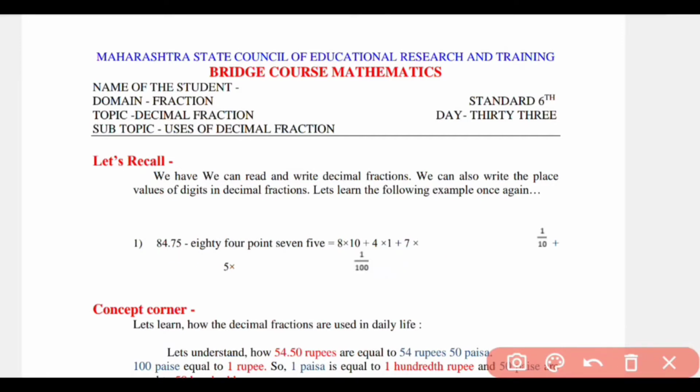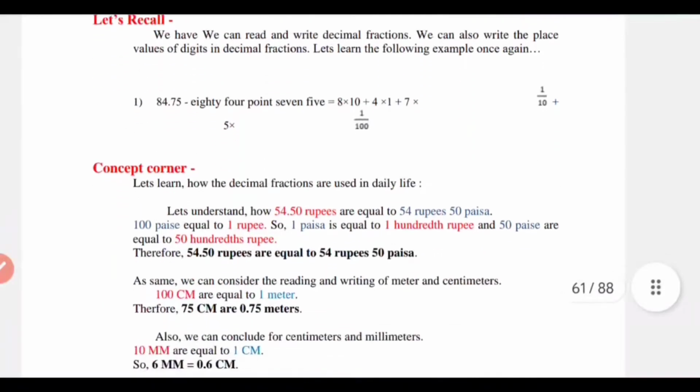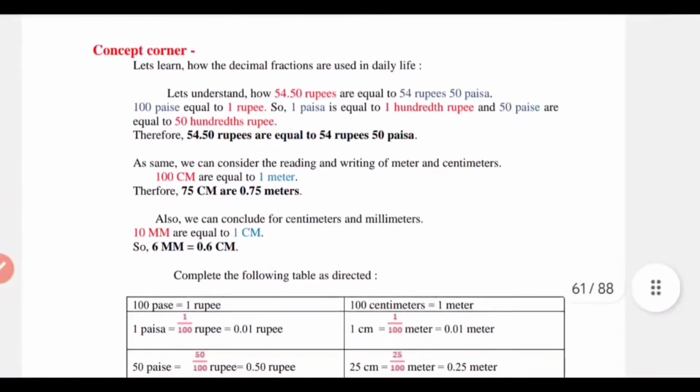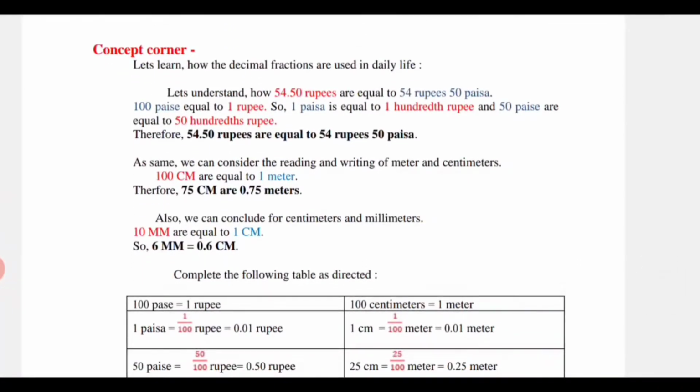Now let us see what is there in the concept corner. Let us learn how the decimal fractions are used in daily life. Let's understand how. 54.50 rupees are equal to 54 rupees 50 paise.